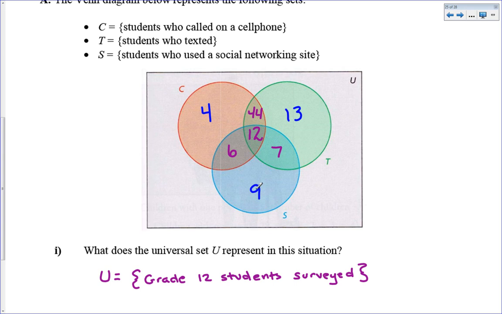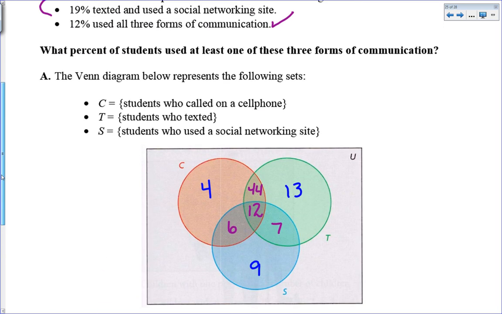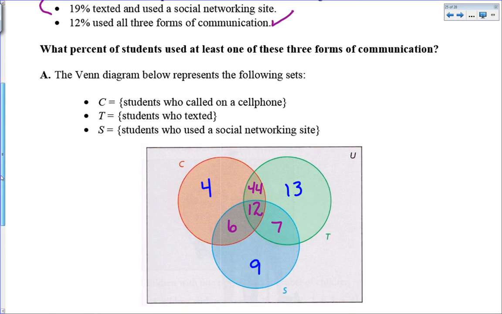So the percentage of students who used at least one of these 3 forms of communication would just be all of the numbers added together, right? That's what we're trying to answer here. What percentage of students used at least one of these 3 forms of communication?